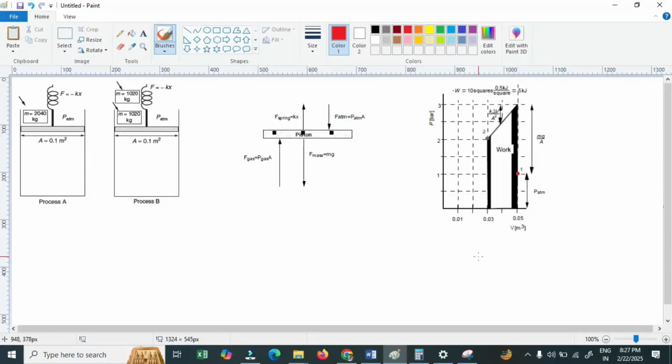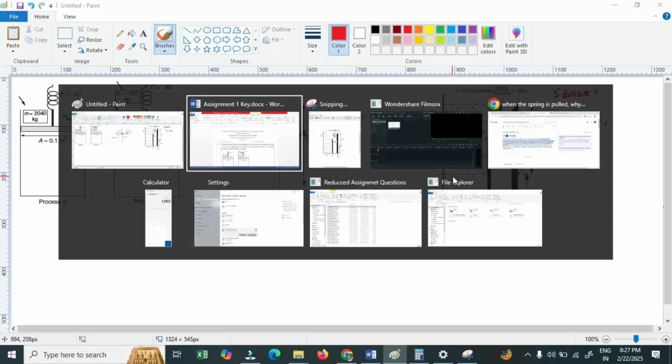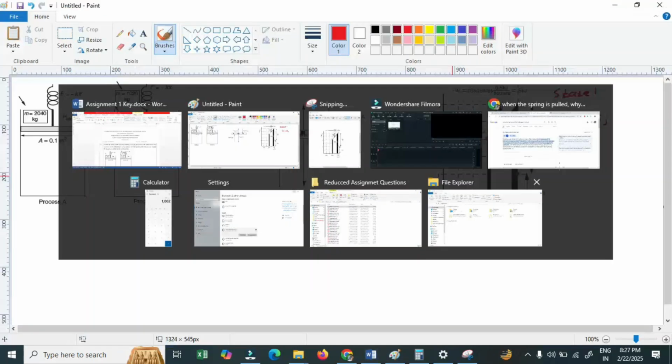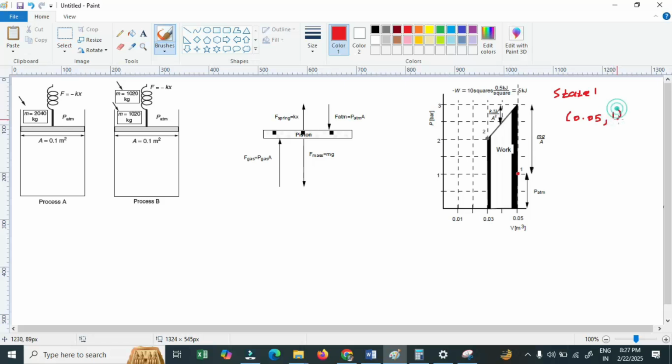So for state 1, V1 is given as 0.5 meter cube, and the other thing I know is the pressure. The problem gives 1 bar pressure. So I mark a point at point 1, since the 2 values are given to me.